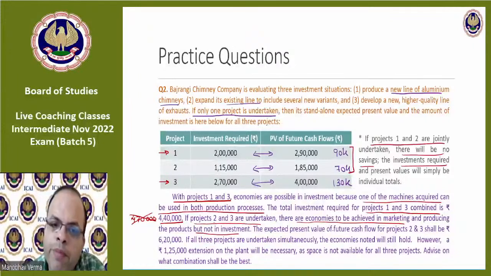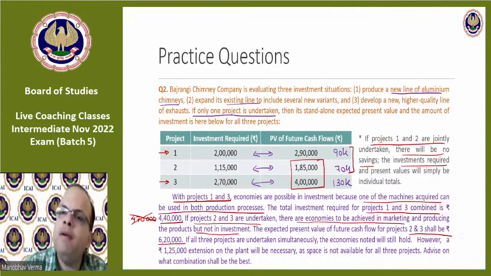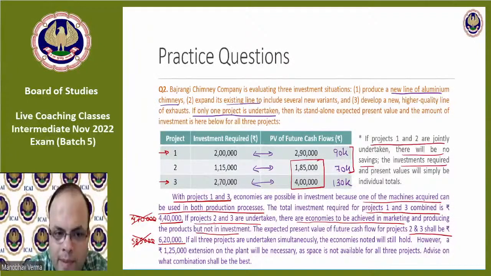So the present value of the future cash flows for projects 2 and 3 will be rupees 6,20,000. Now, interestingly, if I see projects 2 and 3 separately, I'm getting 5,85,000. Probably I would have incurred some costs, but if I combine them, my costs are being saved. So instead of 5,85,000, I'm actually getting 6,20,000. Everyone with me on this till this point?